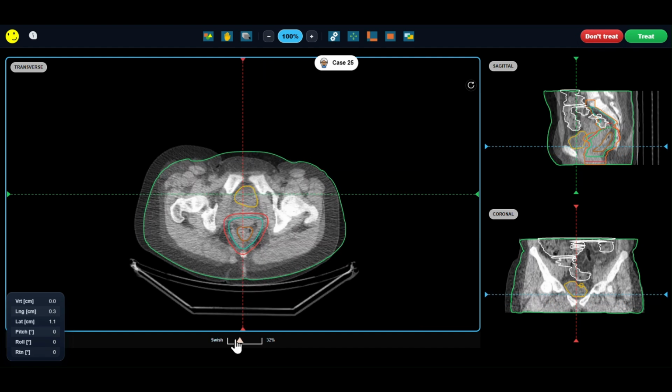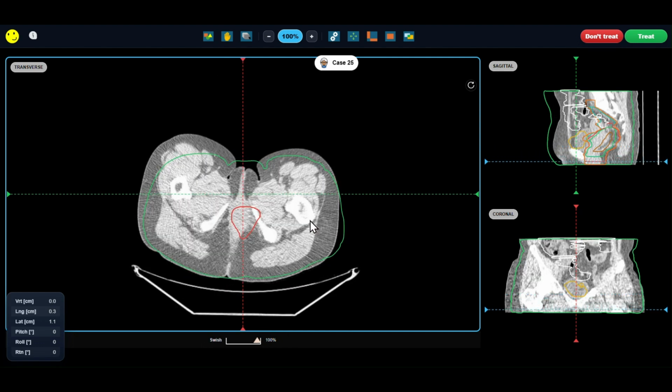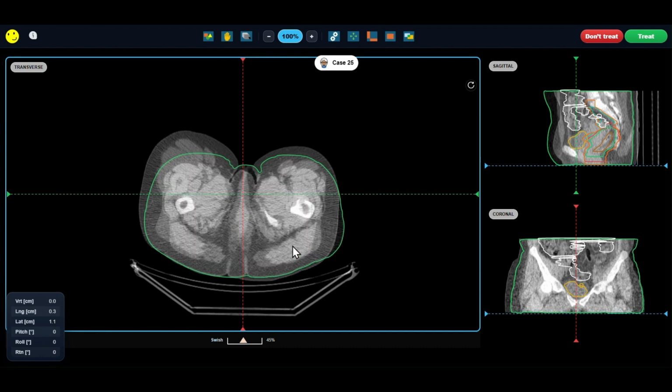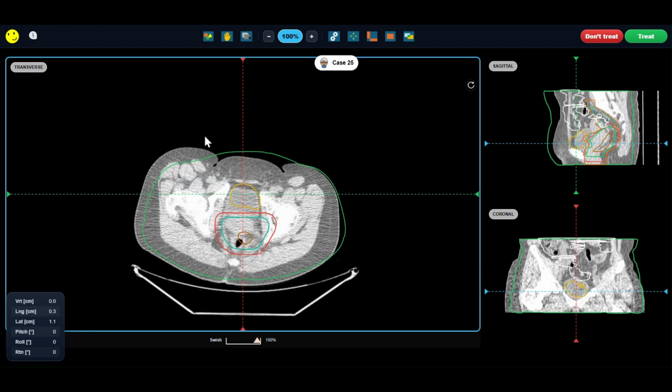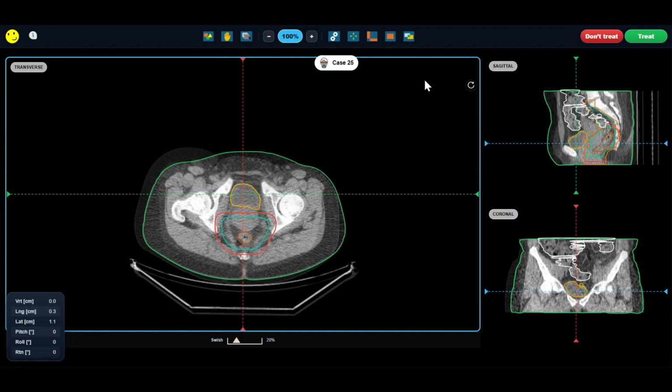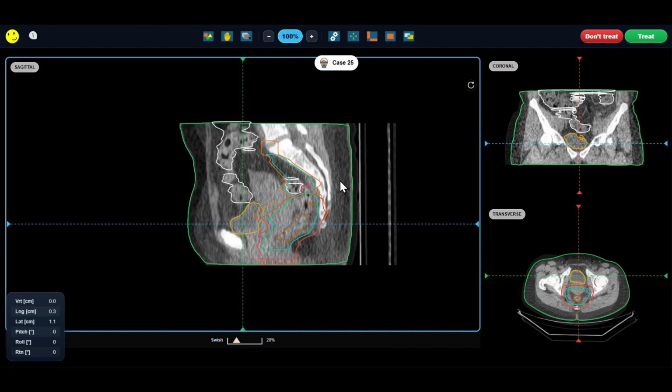So I'm just going to switch here. Is there anything that you're currently seeing? Yes, that's correct. So we can see that there's a clear contour difference. Yep, that's really good. And I'm just gonna go through this sagittal plane.